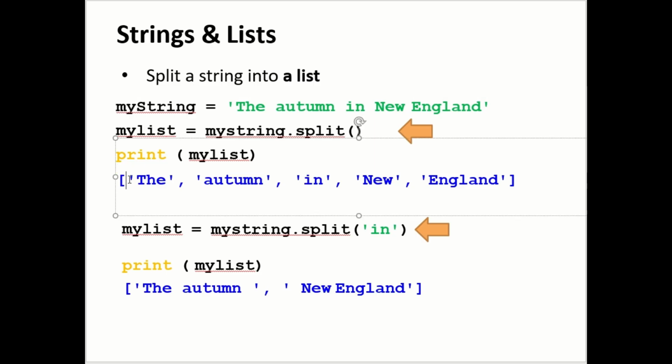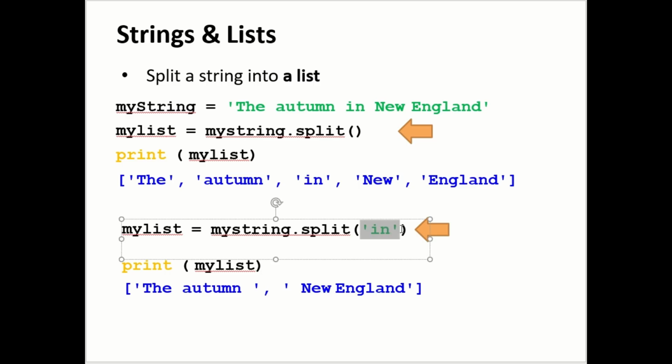If you print that out, you get a list of each word in the initial string. The way it recognizes a word is because the default value to split up this string is a space. That might make sense for you, but it might also lead to an error.